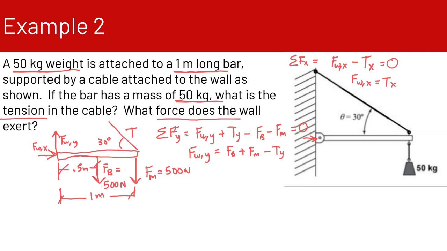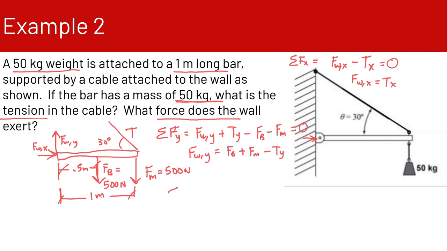Okay, now we're going to have to look at the sum of the torques to be able to figure out some of this information. Now we have the force of the bar, we have the force of the hanging mass, but we don't have the tension in the y direction. We're going to have to use sum of torques to figure that out.